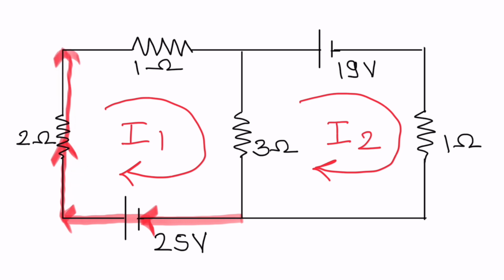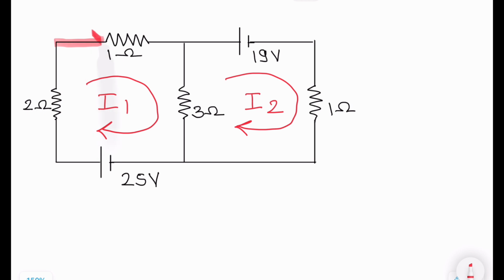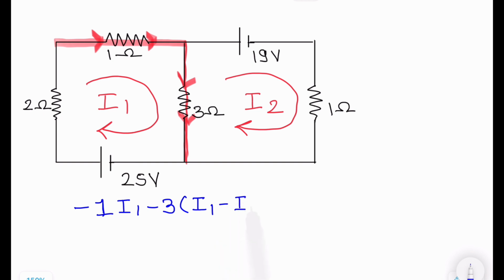Let us write down the equation now. First component, minus 1 into I1. Second component, minus 3 (I1 minus I2). I hope you are clear about why I am saying I1 minus I2. Minus 3 (I1 minus I2).